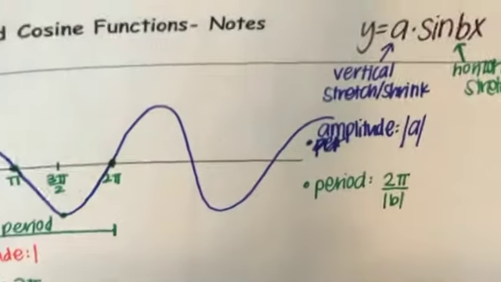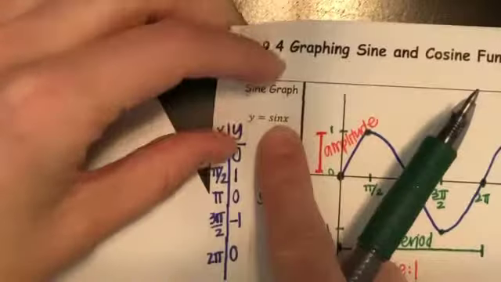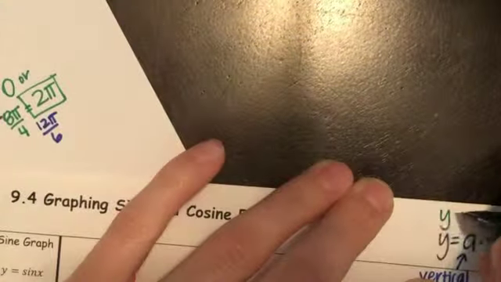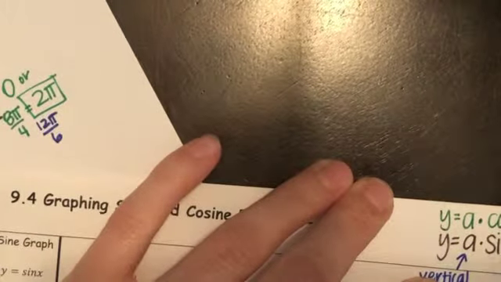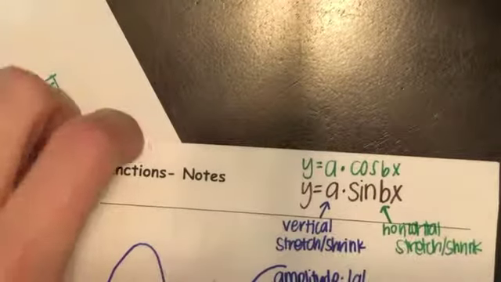Okay, just to let you guys know, for sine of x and cosine of x, which I should probably write up here really quick, the same rules follow for your a and your b. Same thing for cosine and sine.